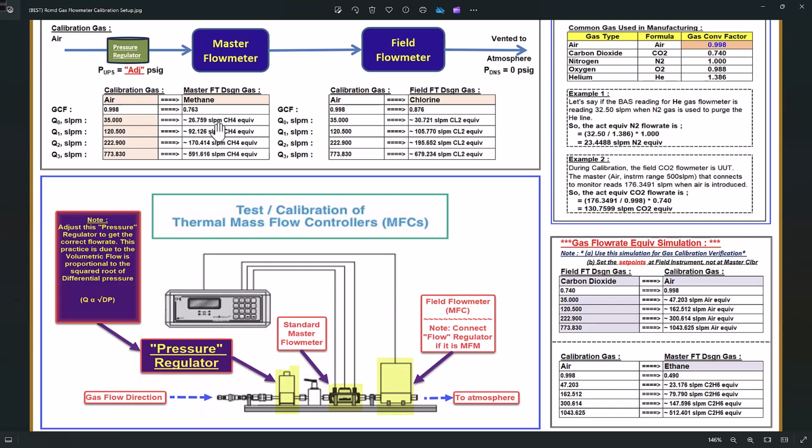How to do so is very simple. We can first find out the GCF or gas conversion factor value for both chlorine and methane gas, as well as air. As we know, for air, the gas conversion factor is 0.998.